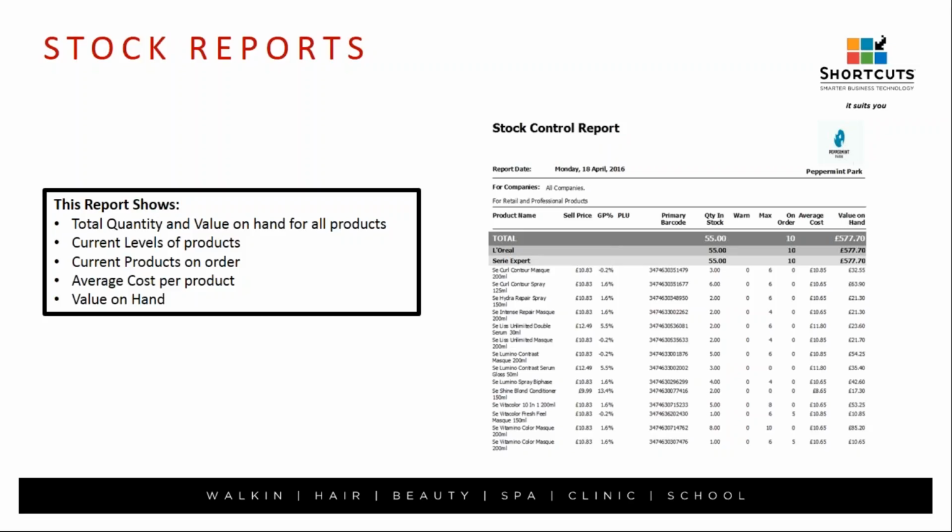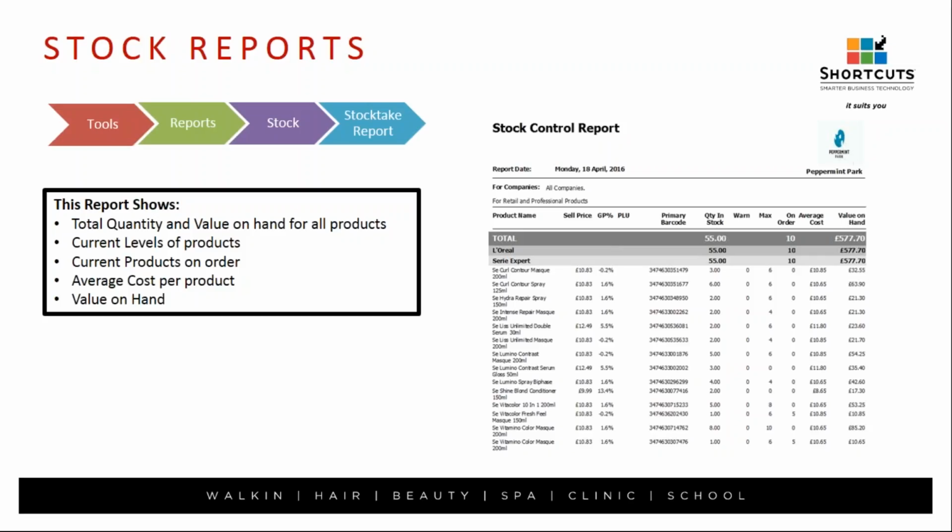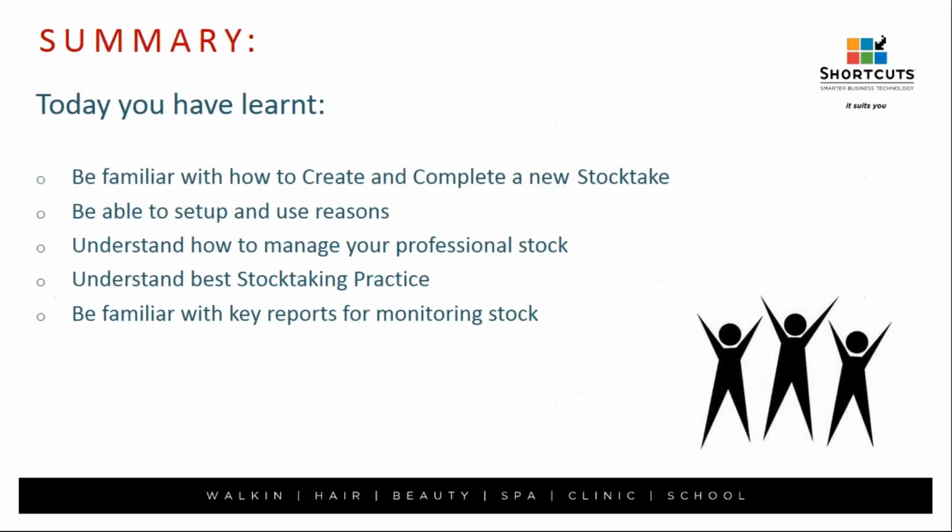Again, it's important that you have the correct buy price, so the cost of the product within the system, in order for this to give you accurate results, as well as performing stock takes on a regular basis. Again, to find this report, if you go to Tools, Reports, Stock and Stock Take Report. And this is our stock control report.